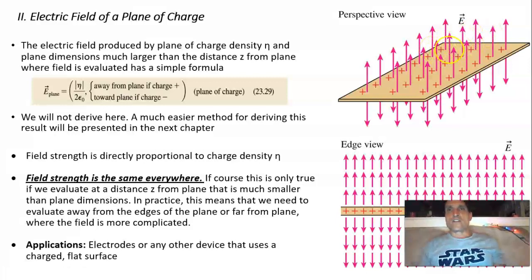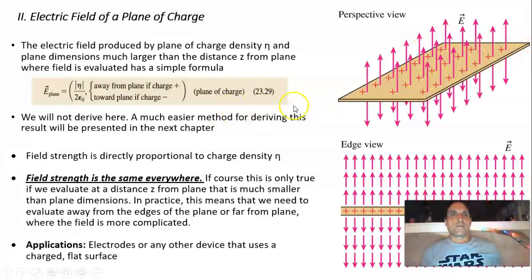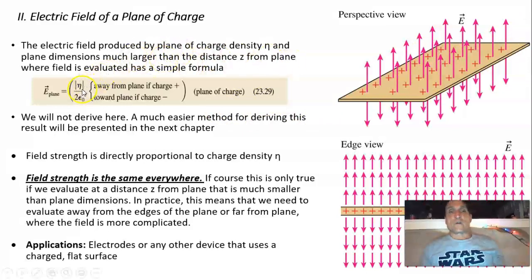In other words, the dimensions of the plane are much larger than the distance at which the field is being evaluated, so that the plane looks very large. In this case, the equation for the electric field is very simple, and it's just equal to the magnitude of the charge per area, the charge density, divided by 2 epsilon naught.